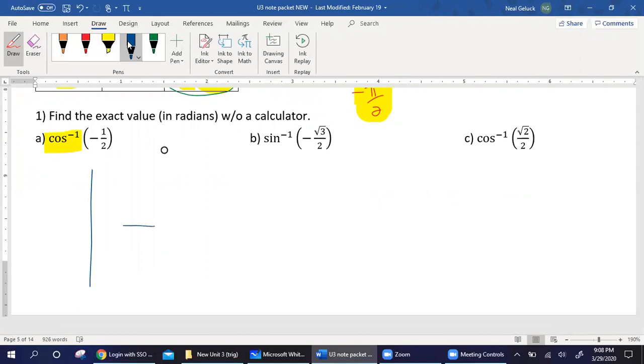Inverse cosine is asking what angle would give me -1/2. But with inverse cosine, I immediately cross out the bottom. And this is only when I'm doing inverse trig. Now I ask myself, what angle would give me 1/2 for the cosine?